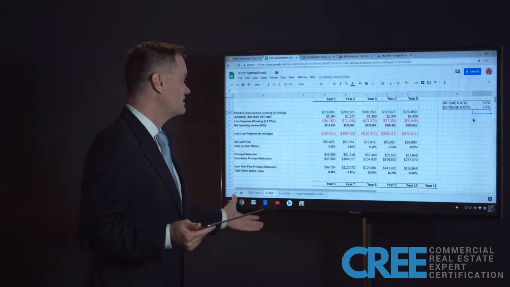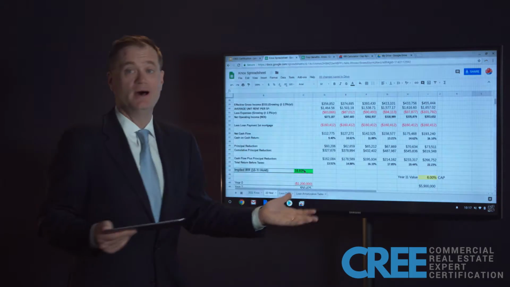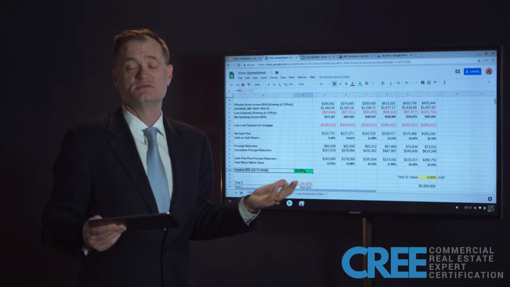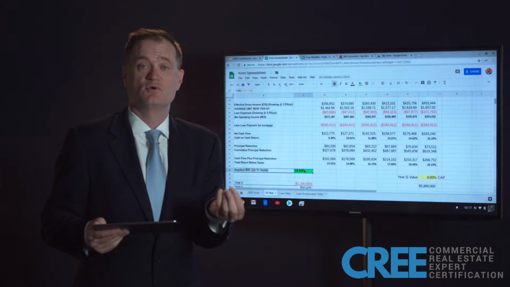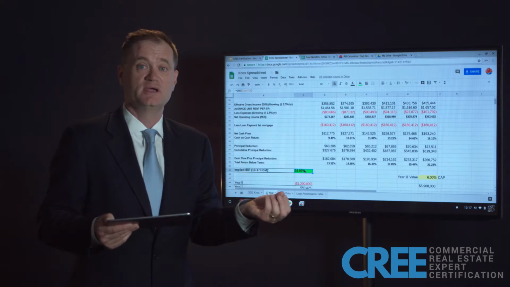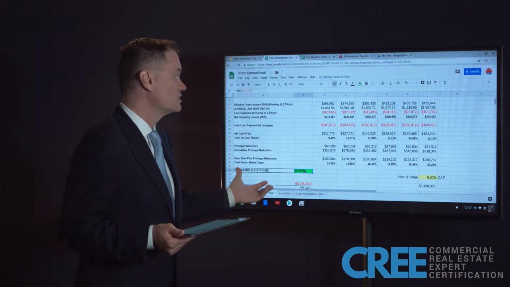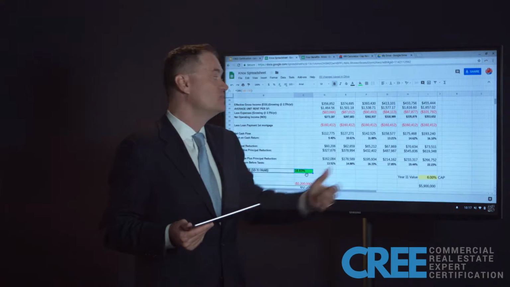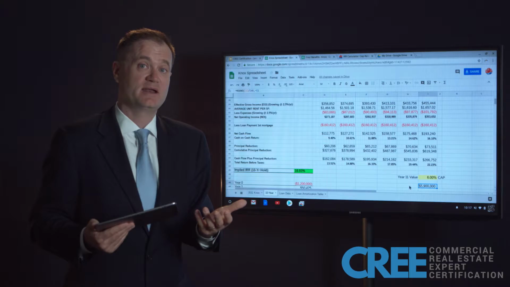If we scroll down to the very bottom, you're actually going to see the IRR went up by almost 2 percentage points. Even though expenses have grown at 1%, income is growing at a larger percentage as well, and our total return and the valuation when we sell that property after 10 years has gone up dramatically.